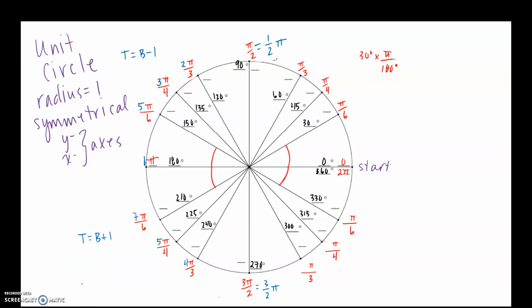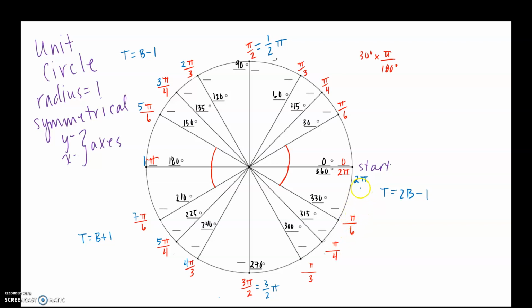Okay, now what's the relationship between my bottom number and my top number? In the fourth quadrant, my coefficient to pi has to be between 1.5 and 2. Remember, I always work from the x-axis. So my top number is twice my bottom number, and then I'm going to take 1 from it. Because think, if I doubled 6, that would give me 12 pi over 6, which will reduce to 2 pi.